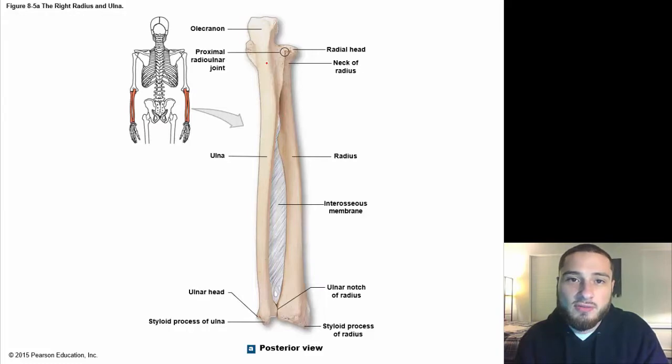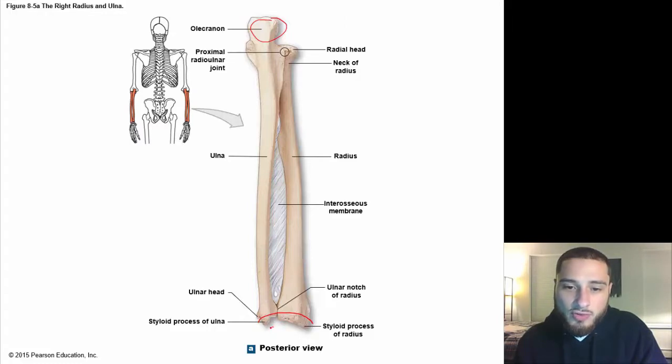Here we see our ulna and our radius. The ulna has that olecranon, which is going to fit into the olecranon fossa. And then down here you have your styloid process of the ulna and your styloid process of the radius, which is going to help create that wrist joint.